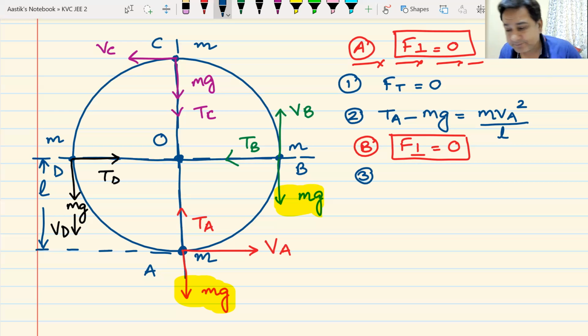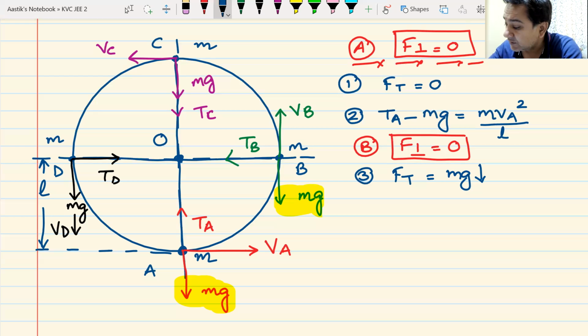Can anyone tell me? mg, sir. Yes, the tangential force Ft is mg, and we must also write its direction. It is downwards. Tangential force is mg. Direction is downwards.